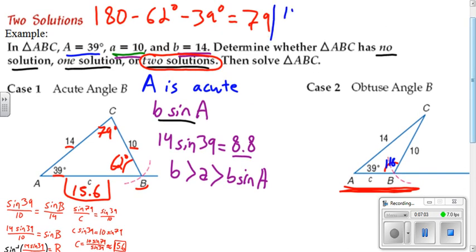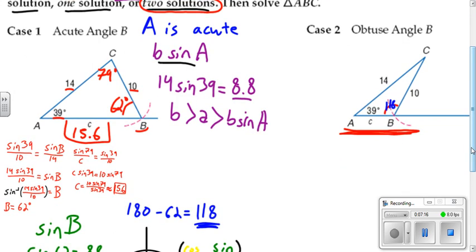Because up here we can do 180 minus 118 minus 39 to solve for our C value. And that's going to come out to 23. So this really little angle is 23 degrees.